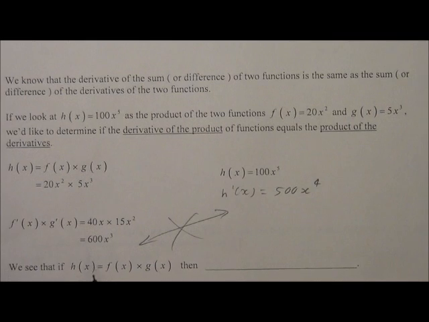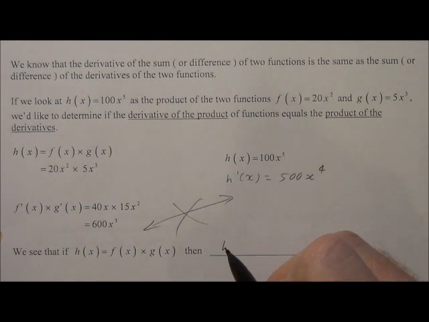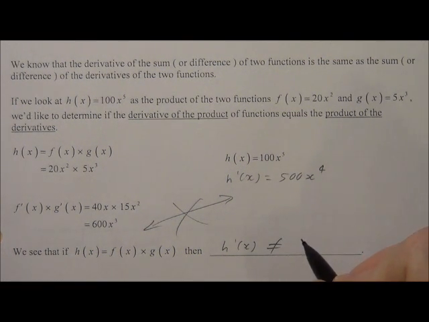So if h of x equals f of x times g of x, then h prime of x does not equal f prime of x times g prime of x.